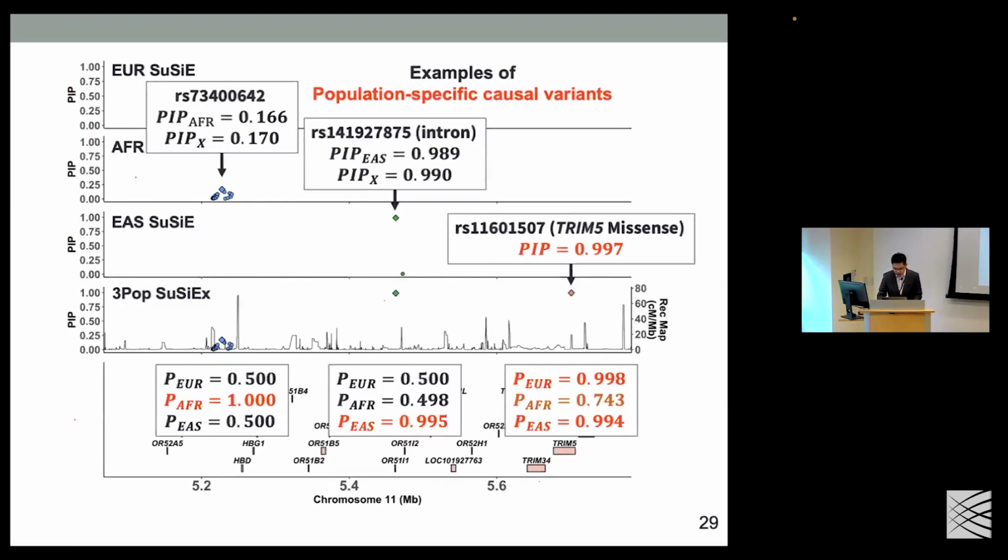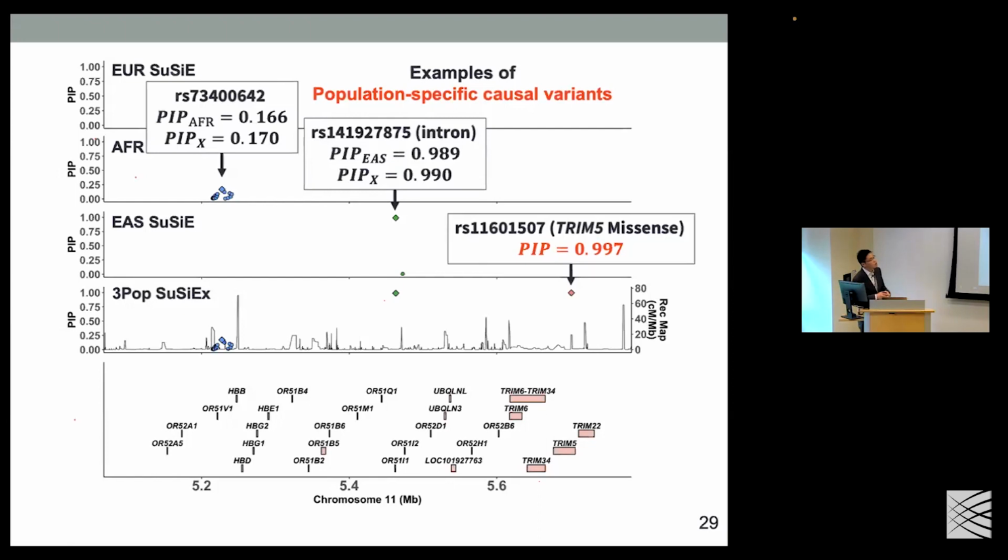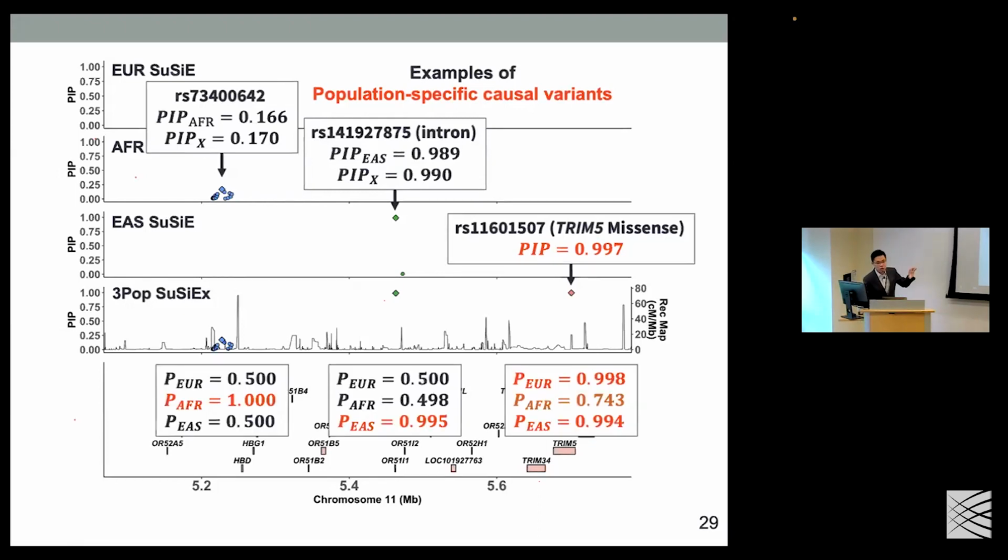Also, continuing with our example here, we also calculated the post-hoc probability to determine whether this variant is manifest causal in each population. For the first variant, the post-hoc probability for African is equal to 1. That means this variant is manifest causal in only African.